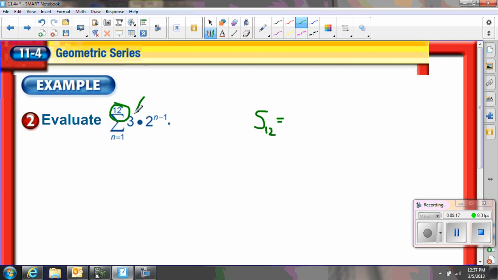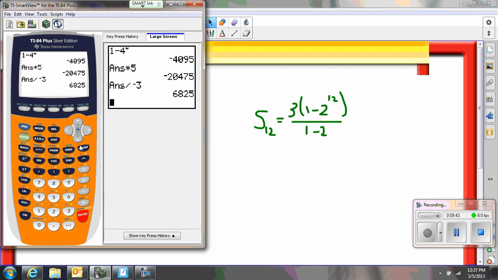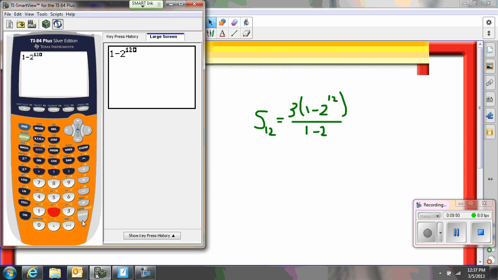a sub 1 is the first term, which is given right there, so 3. 1 minus r, remember this is your r, 2, to the nth power, which is 12, over 1 minus r. The rest, calculator work. So, let's try it. 1 minus 2 to the 12th power gives me this.